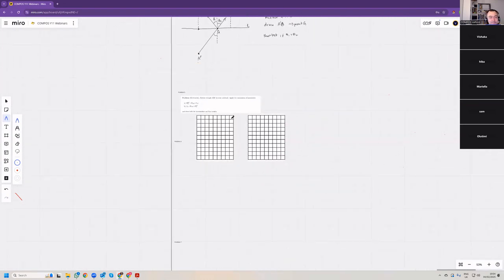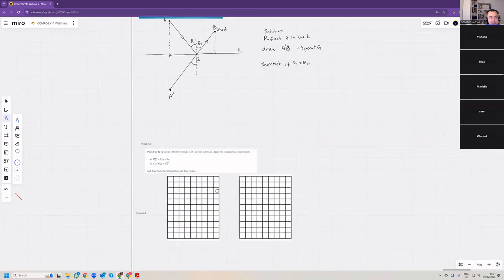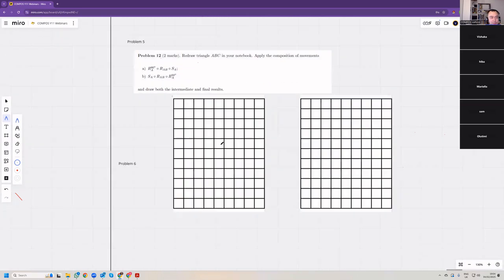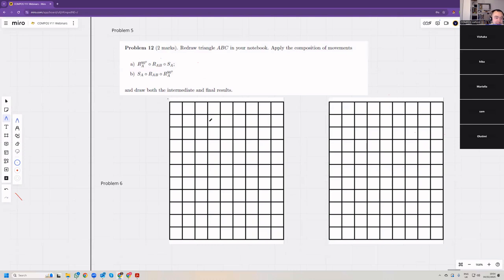Okay, finally, I want to talk about problem 2. So let's redraw, not triangle ABC, but rectangle ABCD. Now, you do the transformations from right to left.